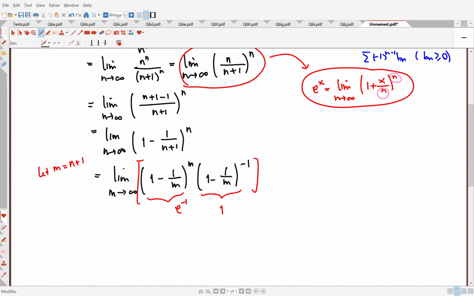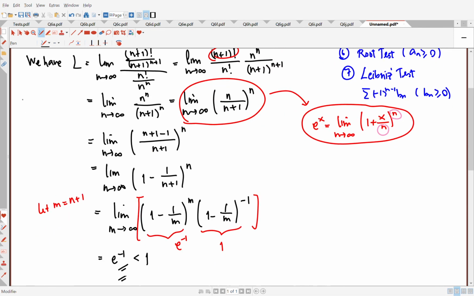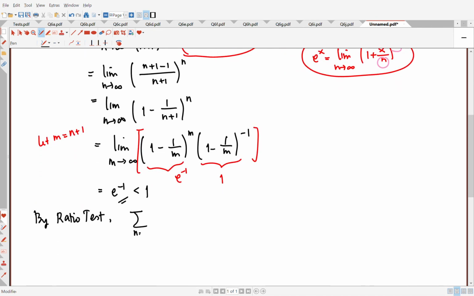So we have L equal to e to the power of minus 1, and e to the power of minus 1 is less than 1. Hence, by the ratio test, the sum from n equals 1 to infinity of n factorial over n power n converges.